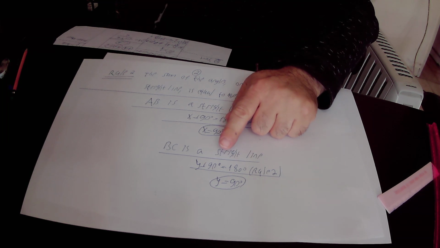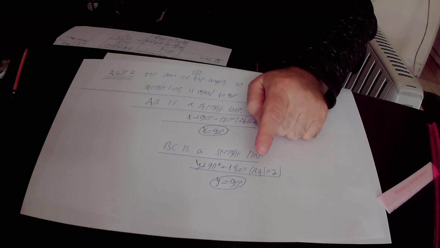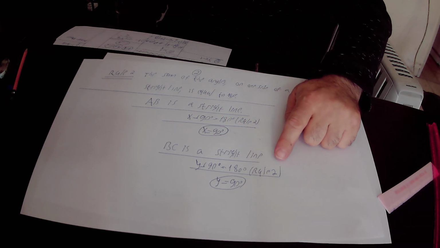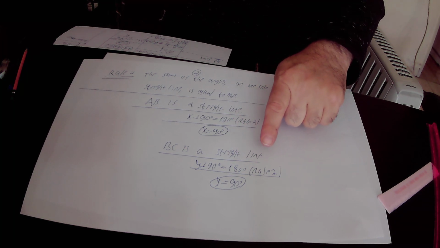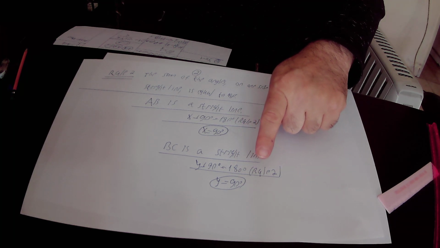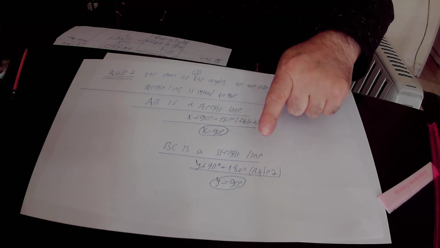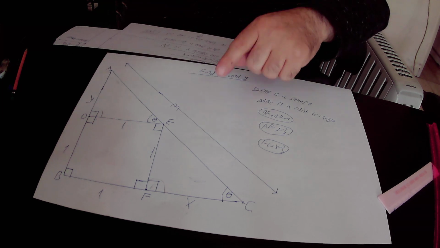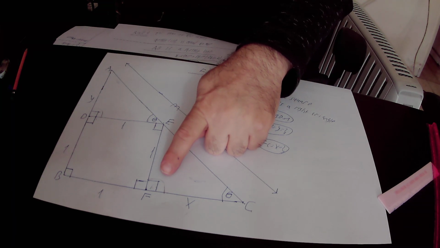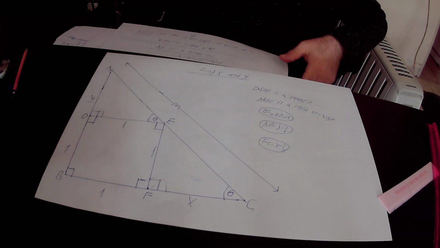That is to say, angle Y plus 90 degrees equals 180 degrees according to rule number 2. We subtracted 90 degrees and found out that angle Y equals 180 degrees minus 90 degrees, that is, 90 degrees. So angle Y is a right angle.